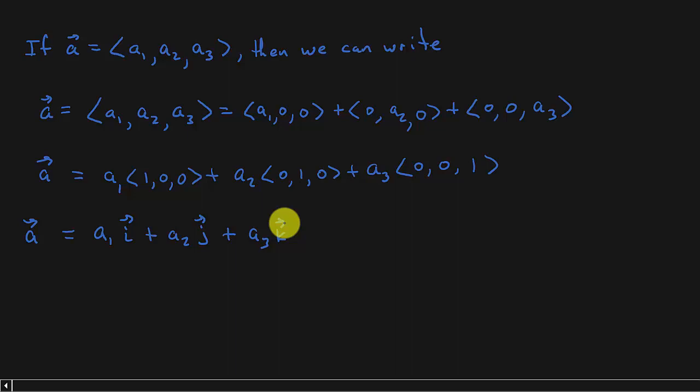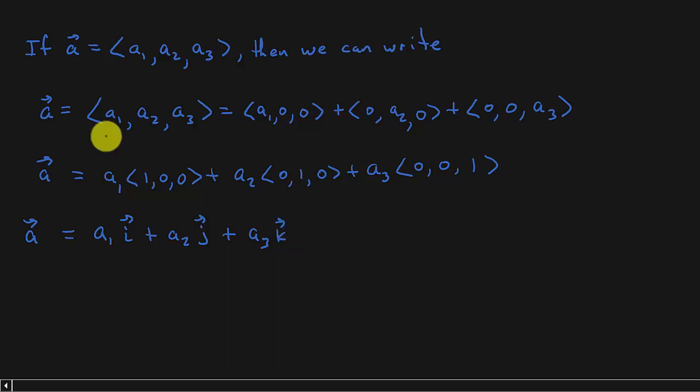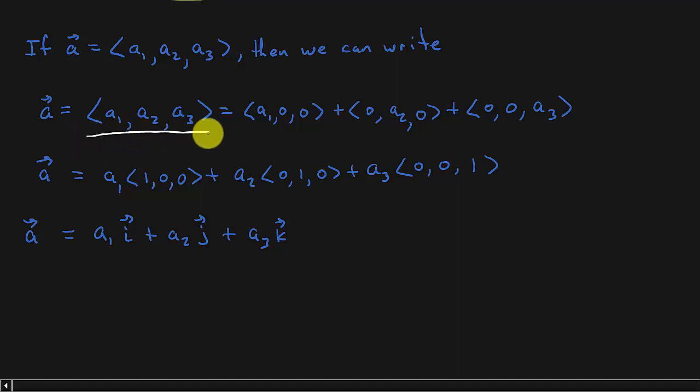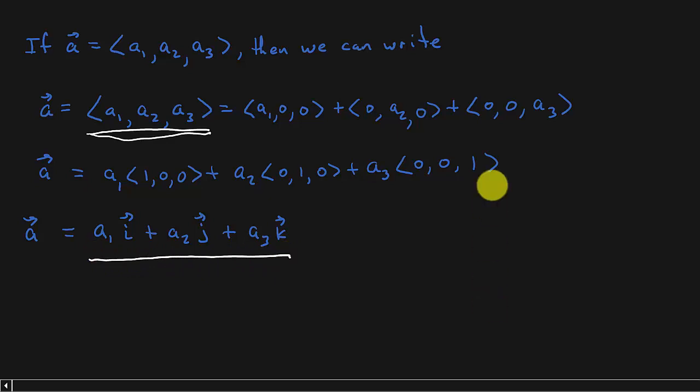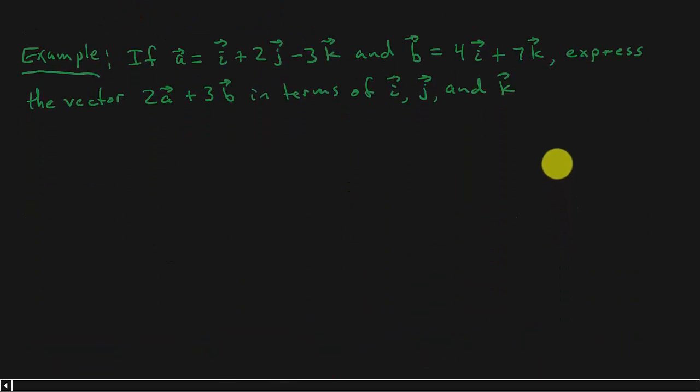So this is another way that we can write the vectors. In other words, we can represent this vector, instead of writing it like this, we can write vector A like this. Okay. All right, so let's look at an example.